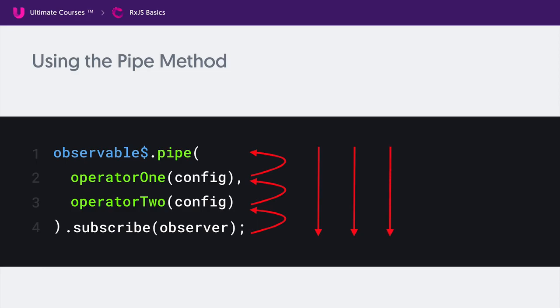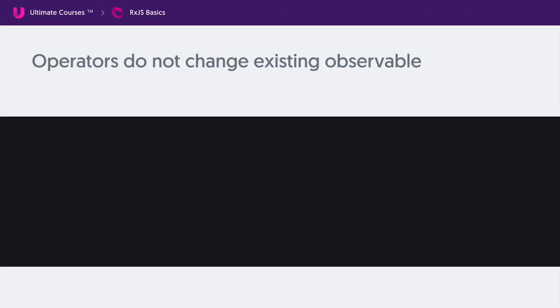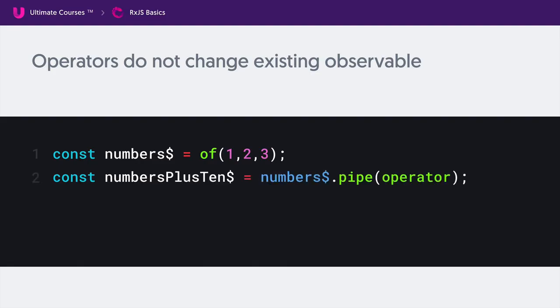The last thing I wanted to emphasize in this introduction is that applying an operator is a pure operation. As we saw earlier, operators receive the source observable and return a new observable. Through this process, the underlying observable is not impacted. For instance, say we have created an observable of numbers using the of creation operator. We can then apply an operator which transforms these emitted numbers in some way, returning a new observable.